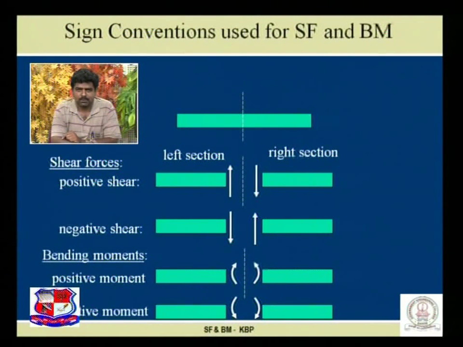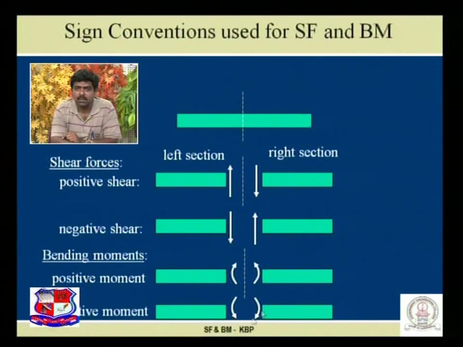For bending moment, for a section XX, this is my left part and this is my right part. For the left part, if the moment has a clockwise nature, or for the right part, if the moment has an anti-clockwise nature, it is referred to as sagging bending moment, which is treated as positive bending moment in our series.